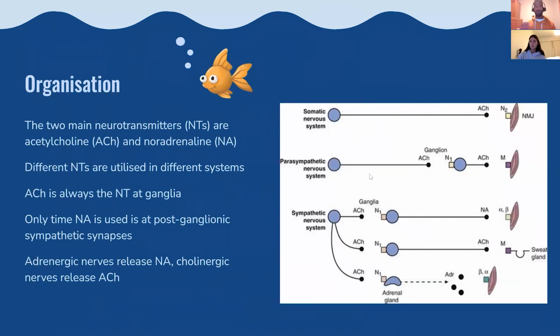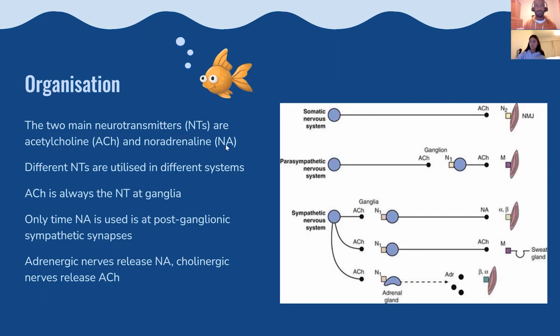When we think about neurotransmitters, it's not just one molecule all the time. There are lots of different neurotransmitters that may be used. Particularly of note are 2 called acetylcholine or ACh and noradrenaline or NA.